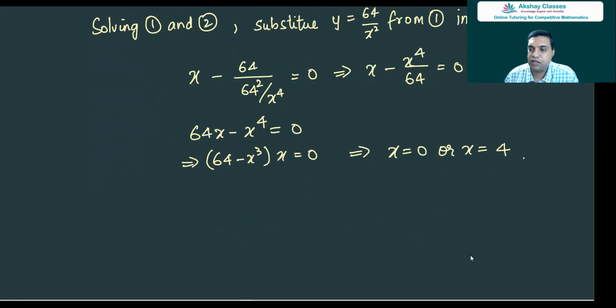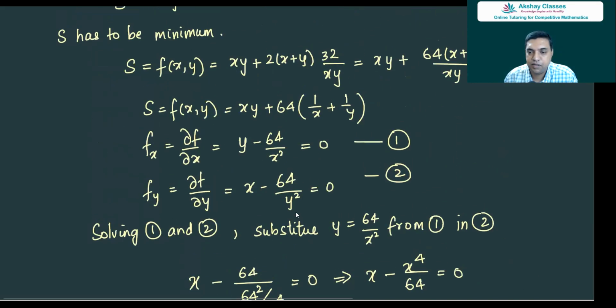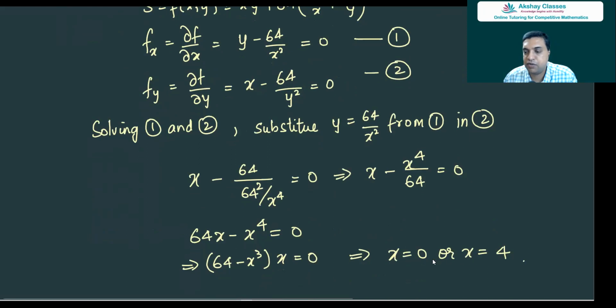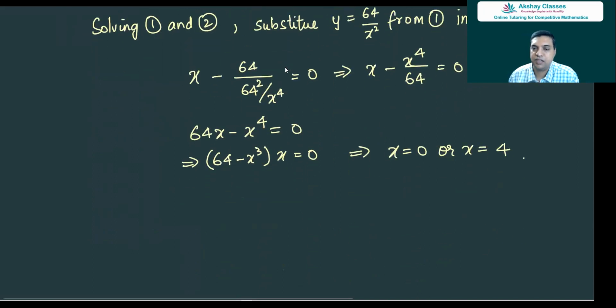Now substitute. If x equal to 0, y does not exist. So 0 comma 0 cannot be considered; when x equal to 0, y is not defined.